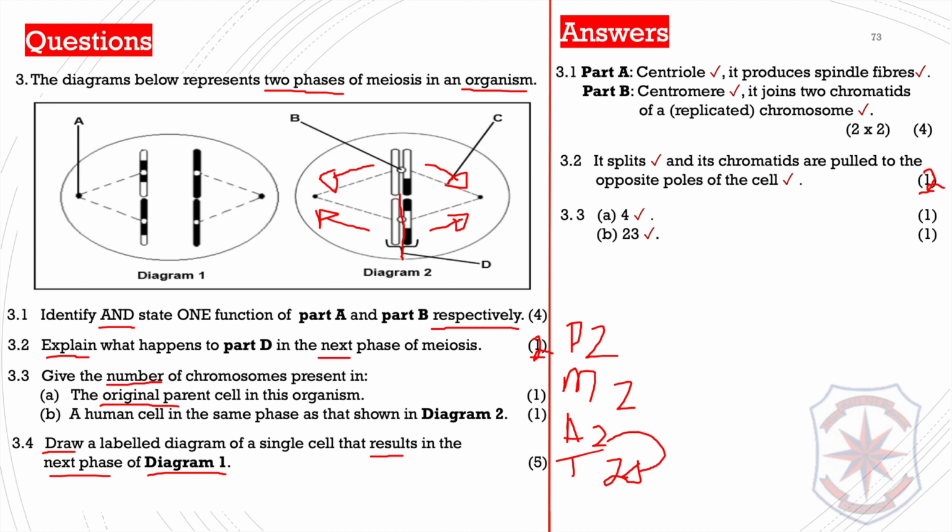So we are looking to draw a cell after telophase 2, okay? And then the question says a single cell. We know that it will be 2 cells that result from one daughter cell, okay? But the question is restricting us to only a single cell, okay?